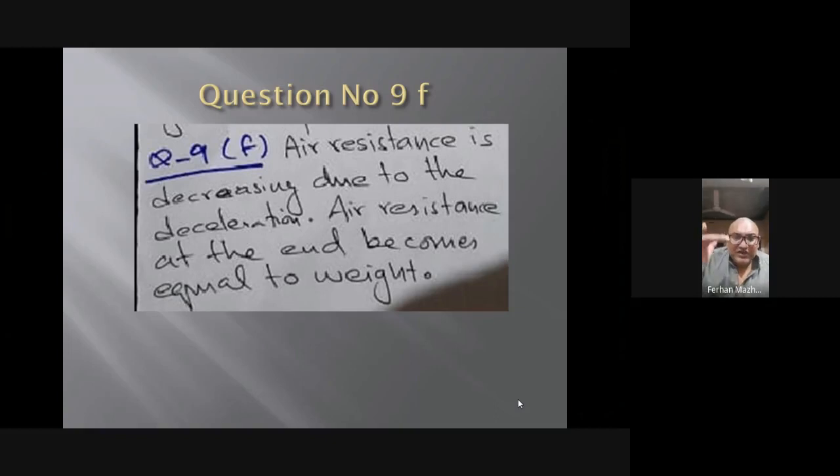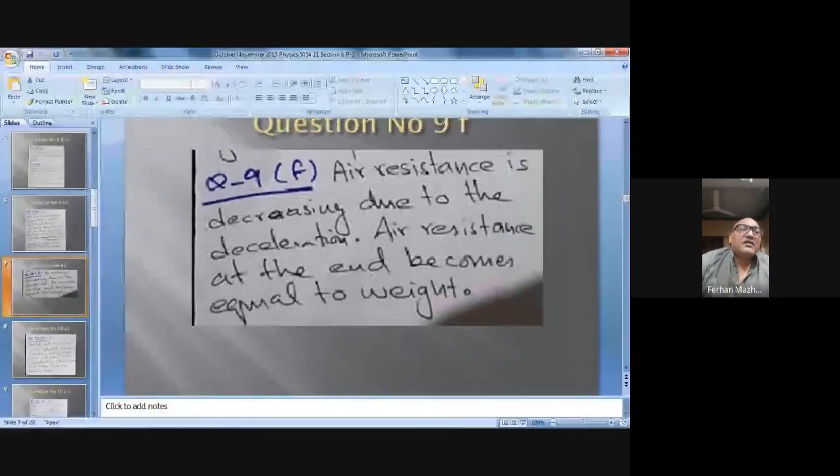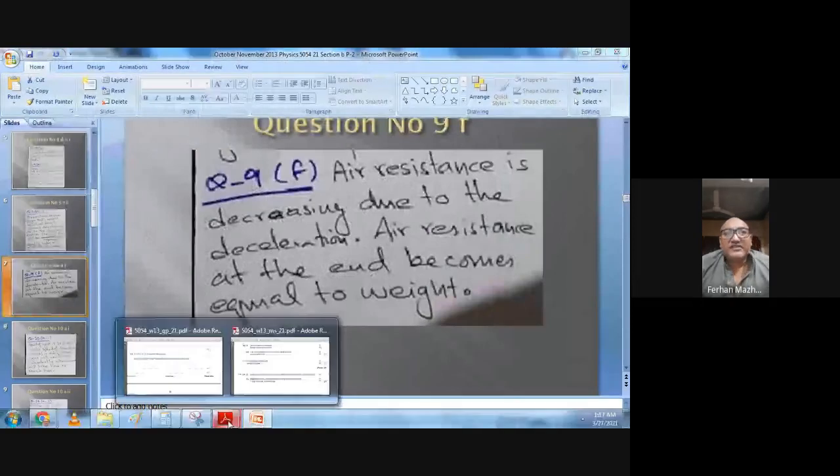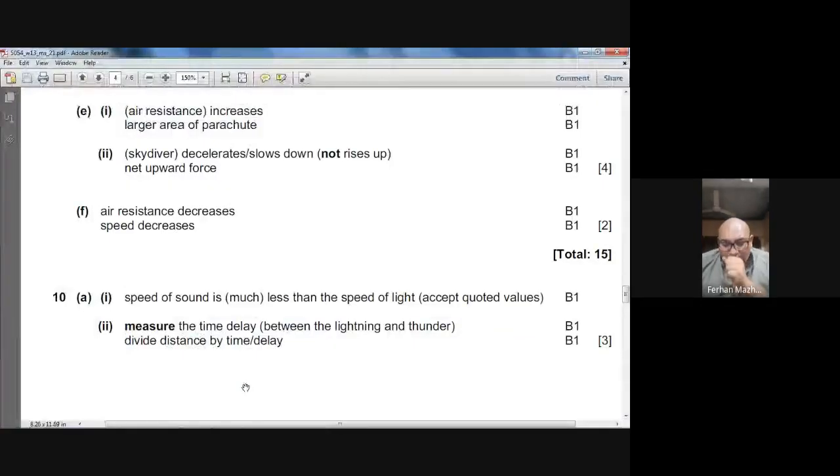Because the speed of the body is decreasing, the air resistance acting on the body will also decrease. Let's check the marking scheme. For part F: air resistance decreases, speed decreases. 1 mark is for telling that the air resistance is decreasing, and 1 mark is for telling that the speed is decreasing.